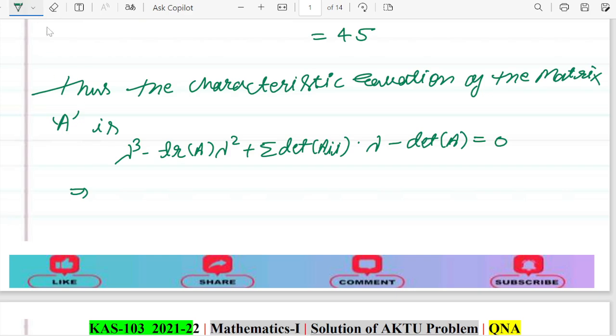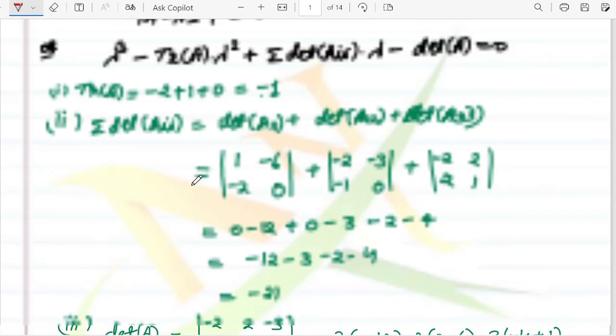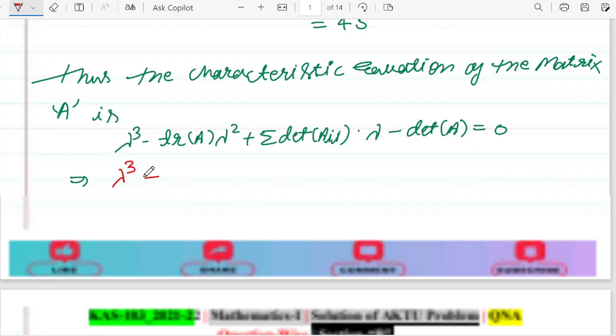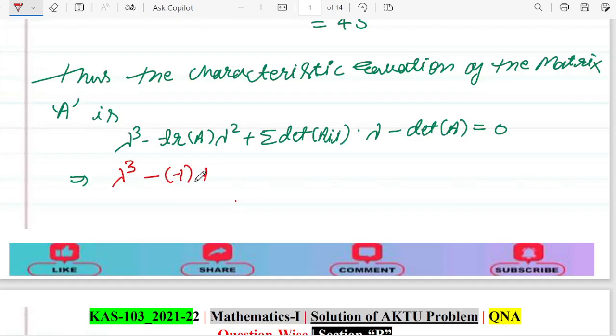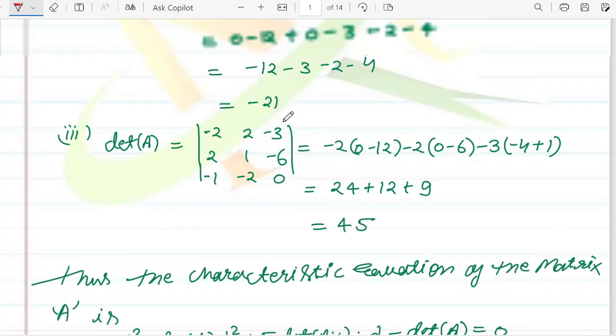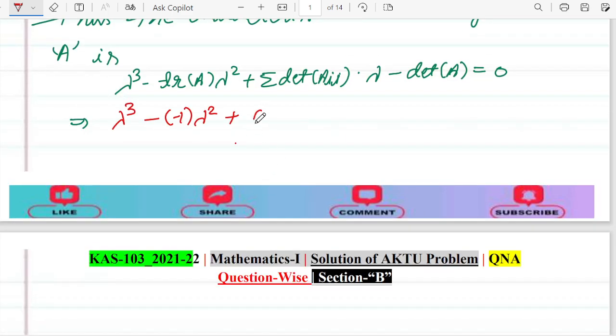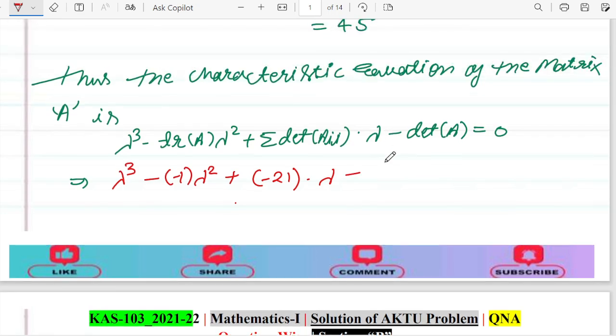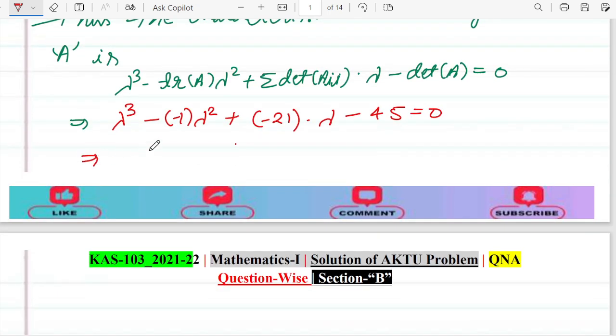Therefore, the characteristic equation will be lambda cube minus trace, this is negative 1, so this is minus 1 lambda square plus this is negative of 21 into lambda minus determinant, this is 45, is equal to 0. Therefore, lambda cube plus lambda square minus 21 lambda minus 45 is equal to 0, right?